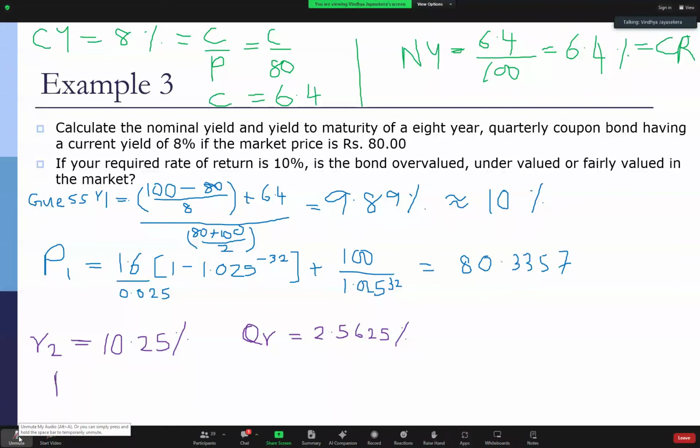So we use that to find P2. So it's still 1.6 divided by 0.02565.